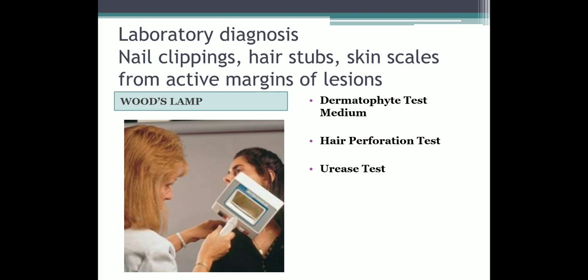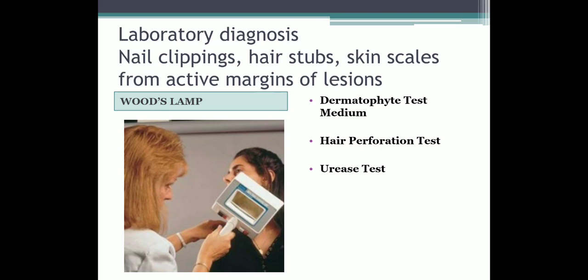Depending on the site of the lesions, whether proximal, distal or lateral, we choose the appropriate areas to take the clippings, with some keratinaceous debris below the nail plate as well. After we collect these samples, we can subject them to examination.